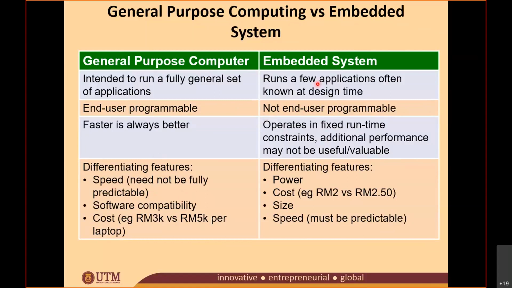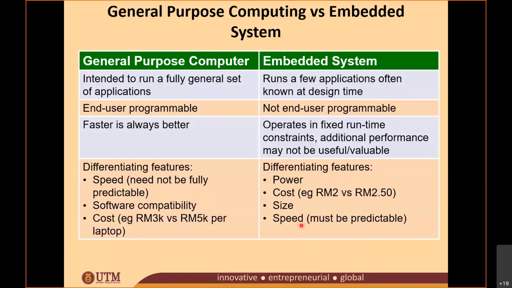What about the embedded system? To differentiate one embedded system from another, we look at the power usage. Maybe this calculator uses a 1.5 volt battery, but the second calculator uses a 5 volt battery. So this is how we differentiate. Of course, the cost, the cost of calculator A compared to calculator B, and the size.